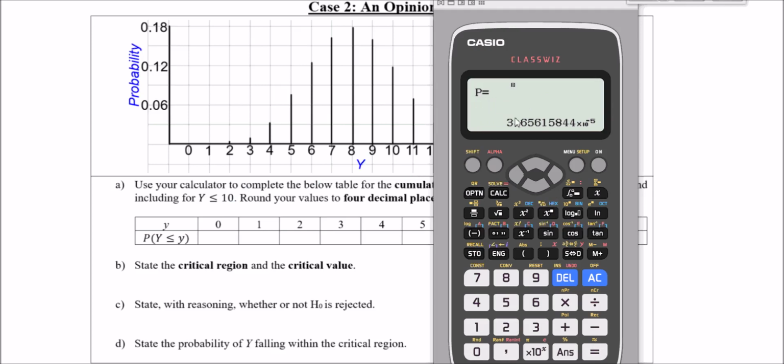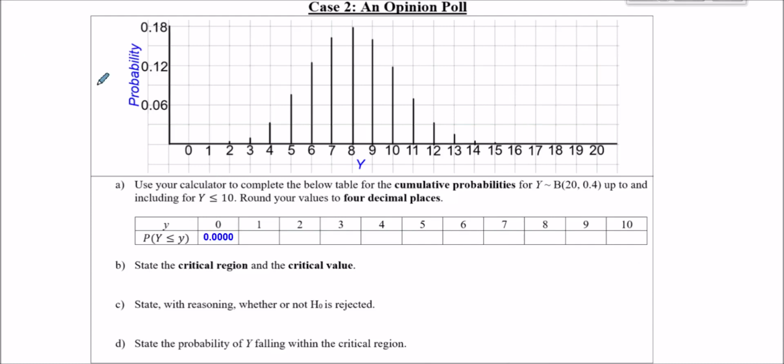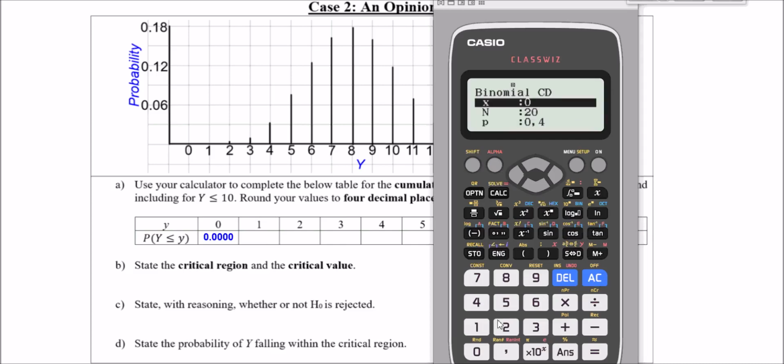This first one is a number to the power of -5, so this is just going to be 0.0000 to 4 decimal places. As you can see, next to nothing. So that first probability is just 0.0000. Let's try next when y is 1, what that probability is. Press AC, press 1.